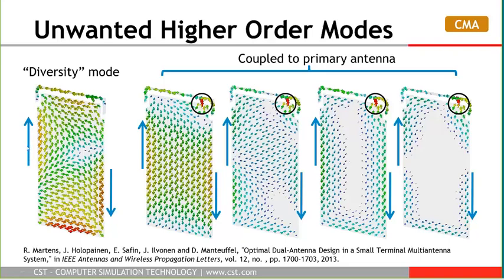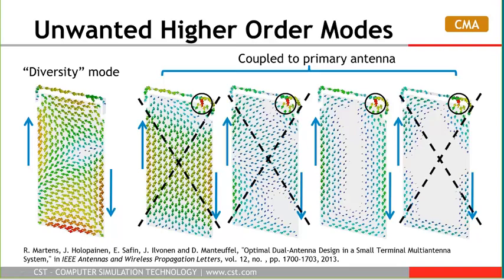You can see the positions marked by blue arrows, and if you inspect each mode separately, you will see that this excitation will actually cancel 3 out of 4 higher order modes. So only 1 higher order mode will be excited by these 2 coupling elements.